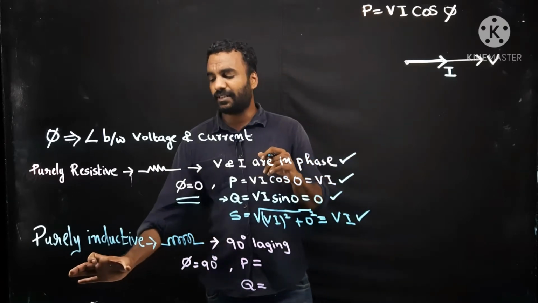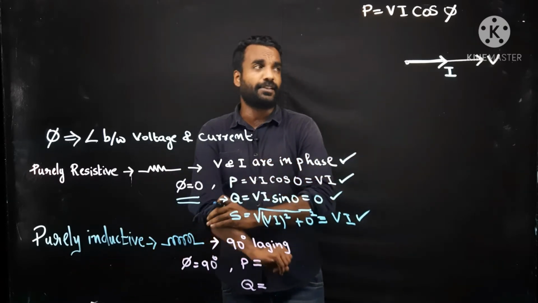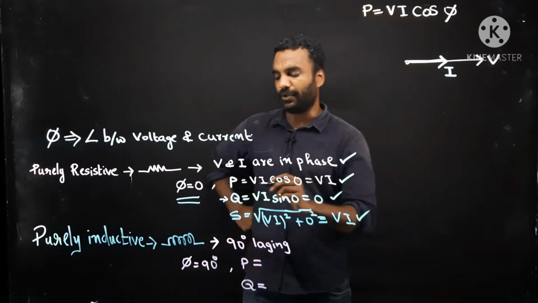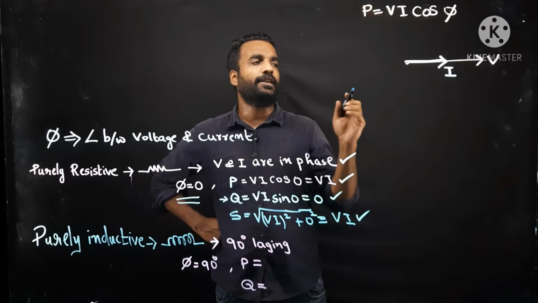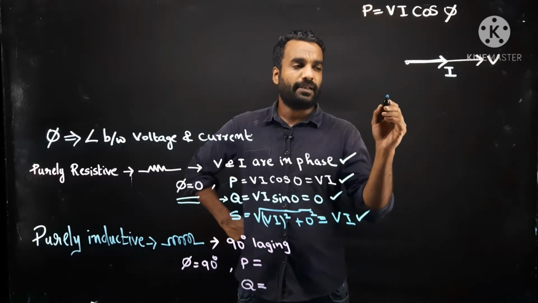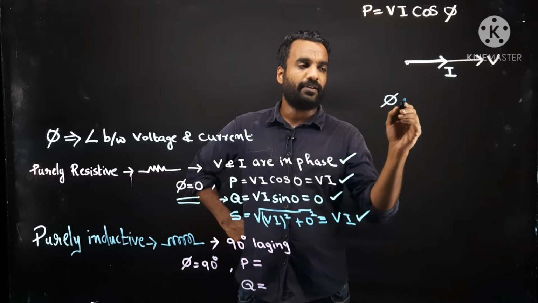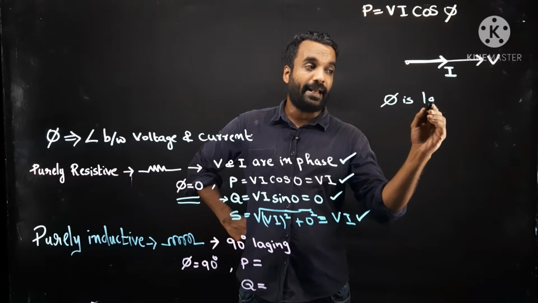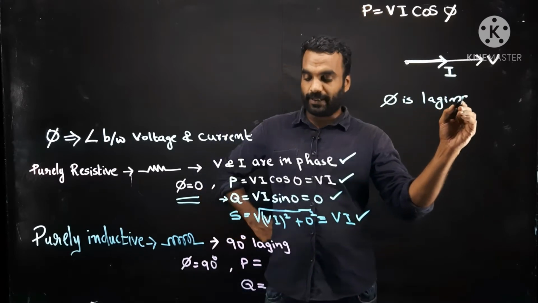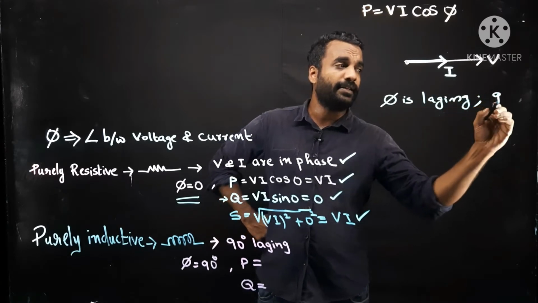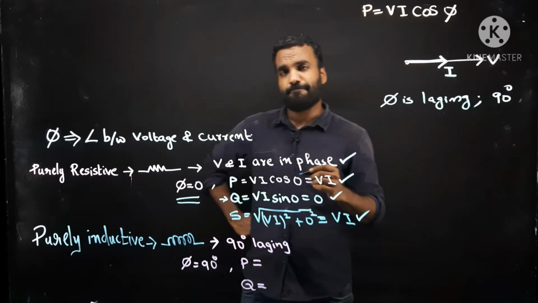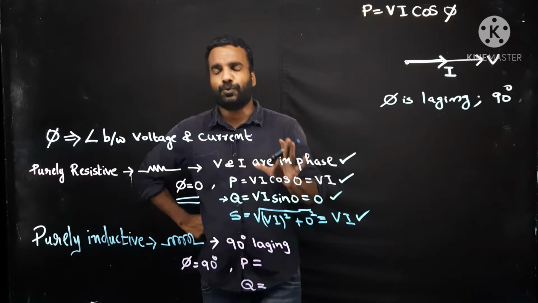Now consider a purely inductive circuit. We know that whenever you hear the word inductive, you will hear that phi is lagging. If it is purely inductor, the lagging degree will be 90 degree. That thing you know.